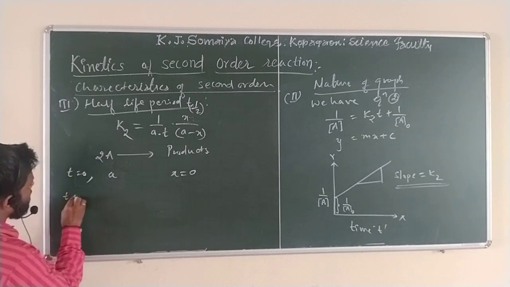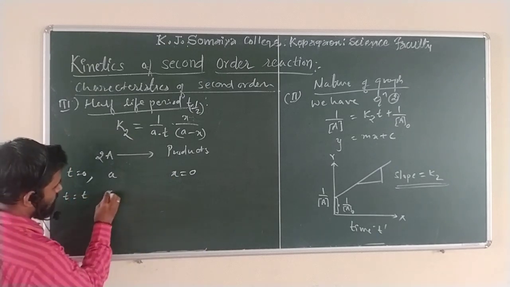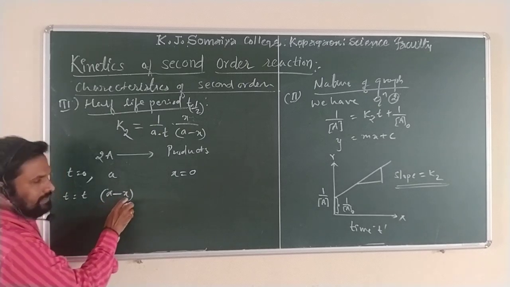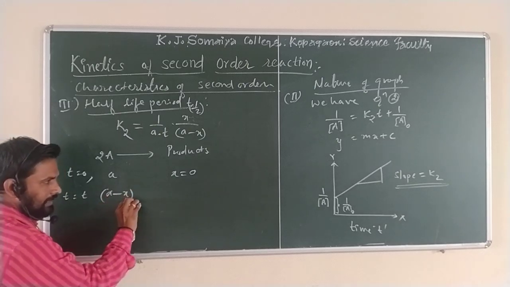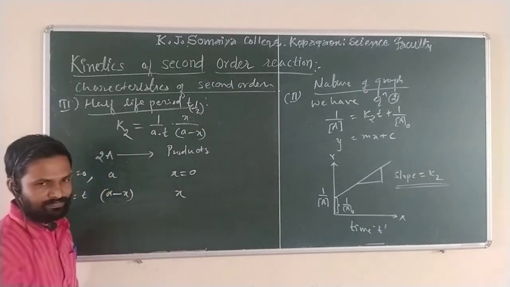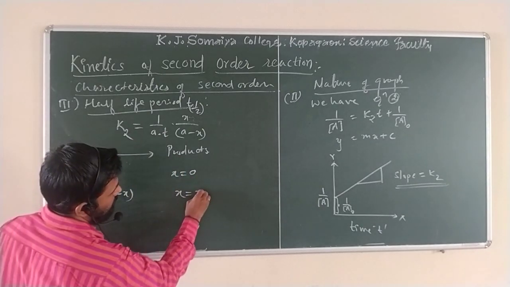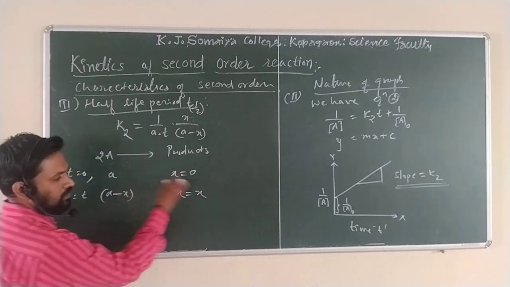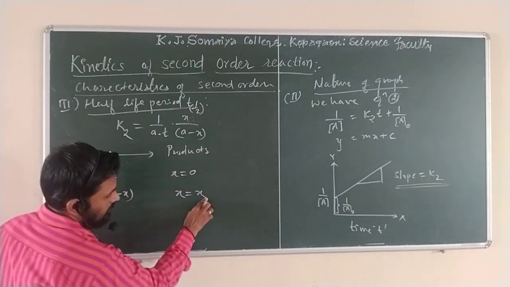When t equals t, what will happen? The concentration of the reactant molecules is A minus x. What is x? Some of the reactant molecules get converted into the product. This much of the reactants are converted into the product; this is the value of x.